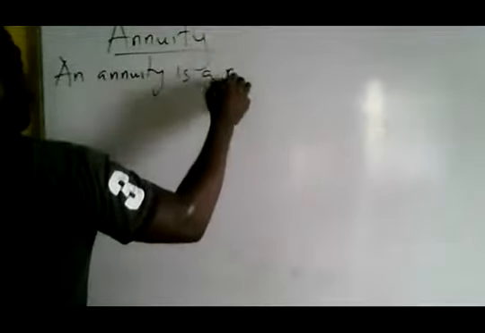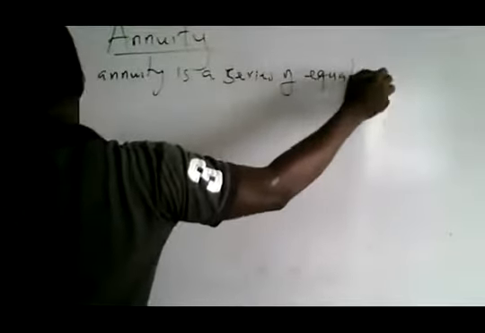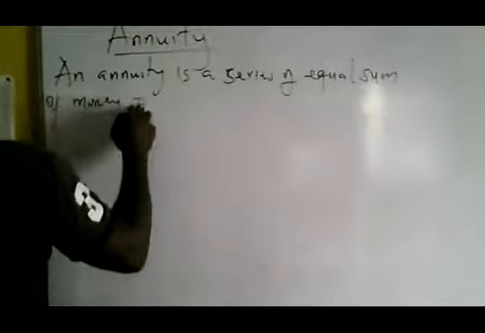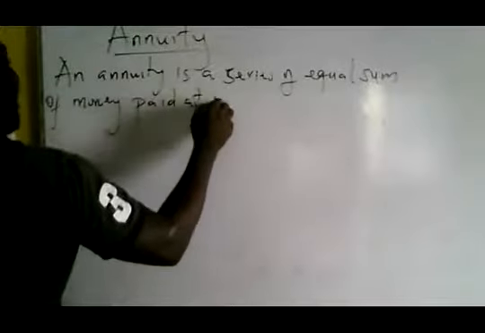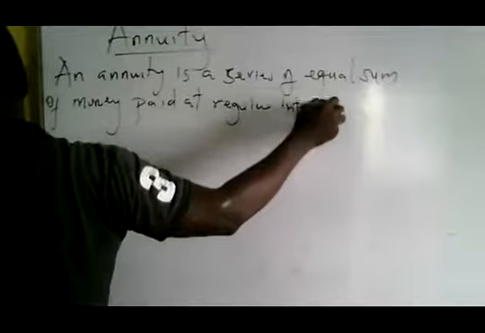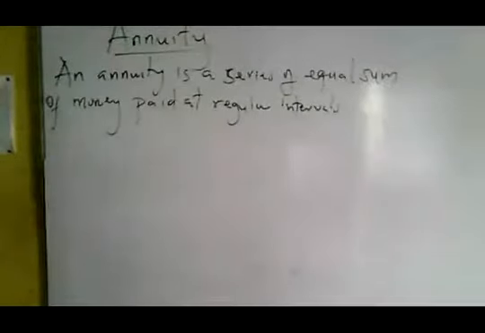So an annuity is a series of equal sum of money paid at regular interval. It is usually paid at the end of the year. So if somebody has an annuity of 10,000 naira, that means that person receives 10,000 naira yearly.